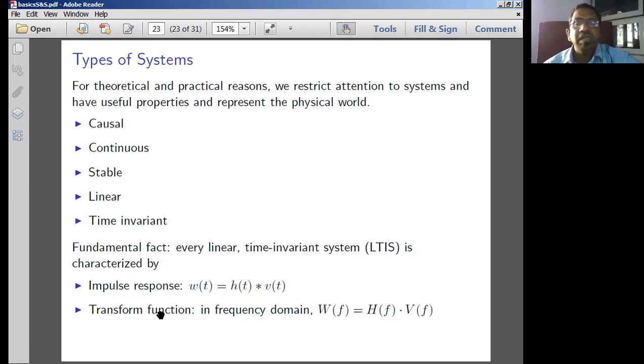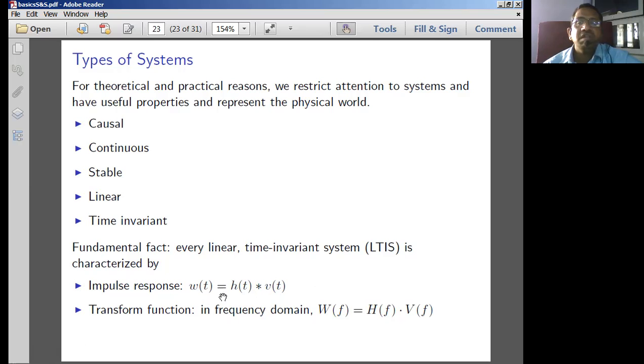So basically the h of t is known as the system characteristics. V of t, for example, is the input signal. This input signal is normally going to get changed based on the implementation of the system. That is going to get explained by the convolution process.